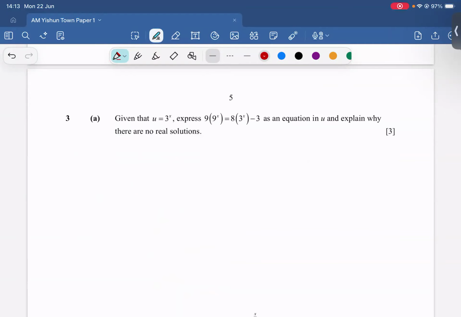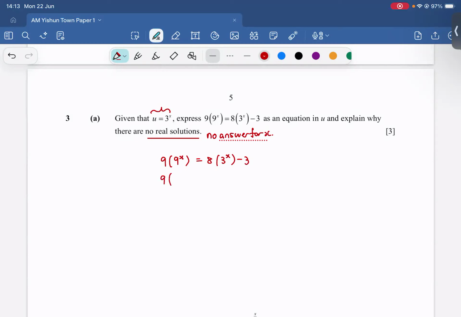Given that u is this, express this as an equation in u, and explain why there's no solution. No real solution means no answer for x. Okay, so when they say they want to sum this, we have to make 3 power x appear.